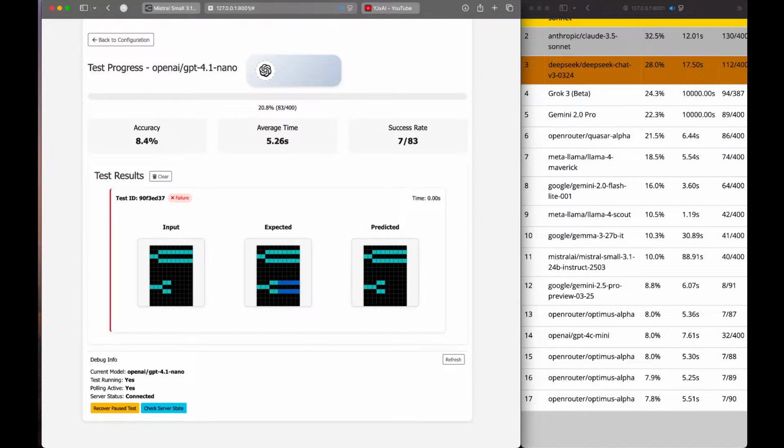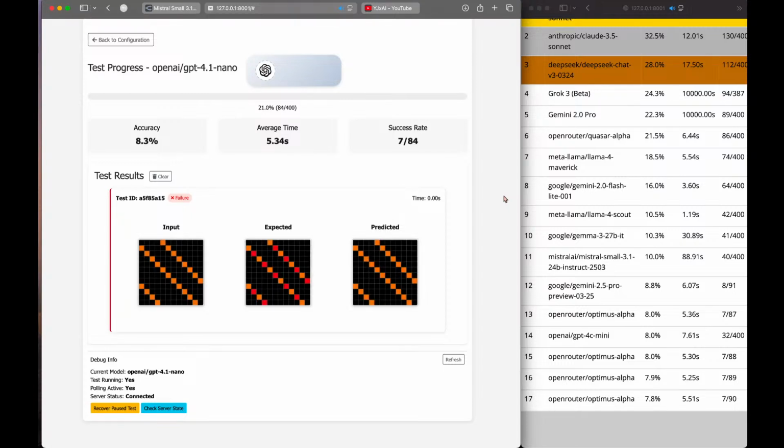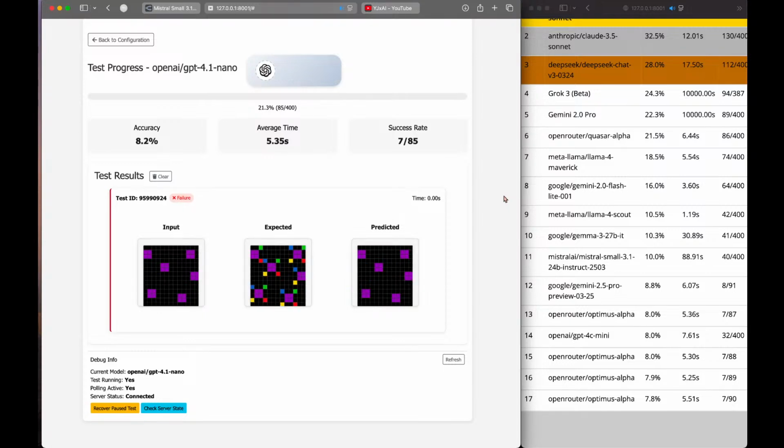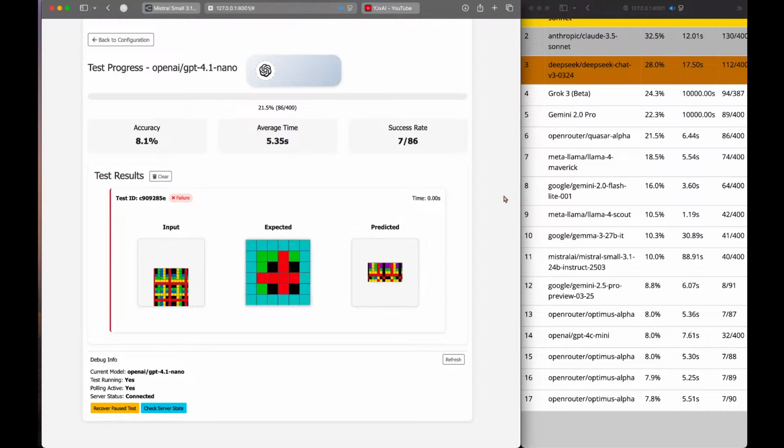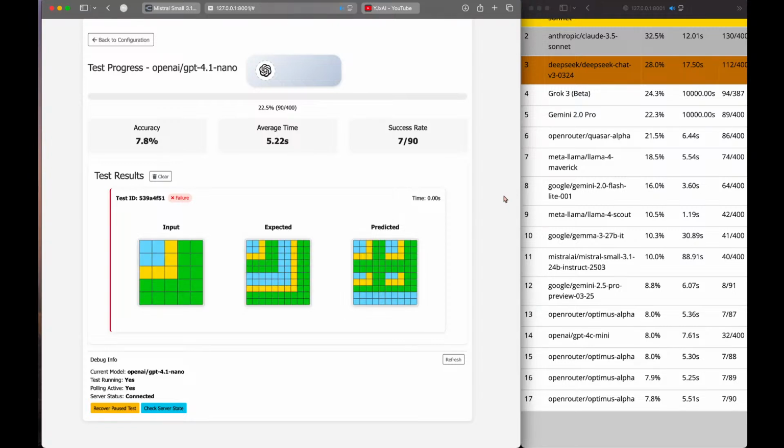What pricing will they come up with? $1 million for 1 million tokens.